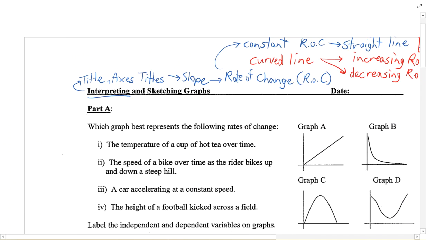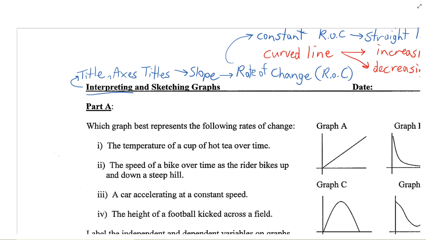Your slope, or your rate of change, can be many different things. So for example, if you have a rate of change and it's monies per hour, that is what we call a wage. So your wage is actually a rate of change. Okay, it's the change of your pay as time passes.